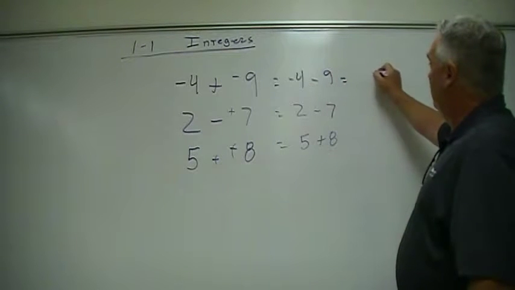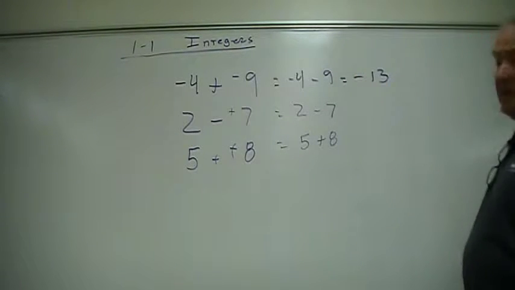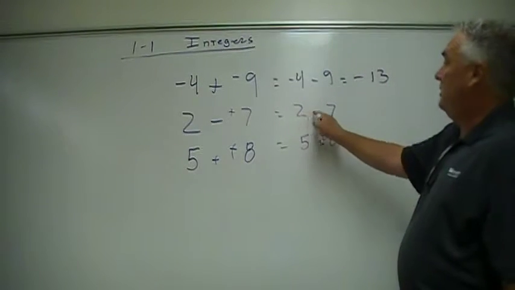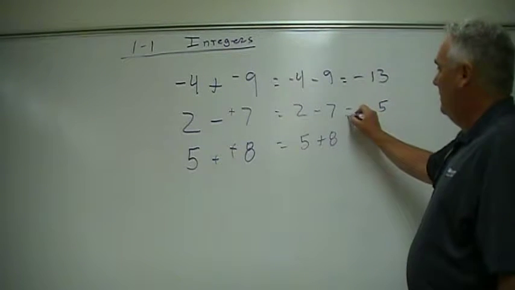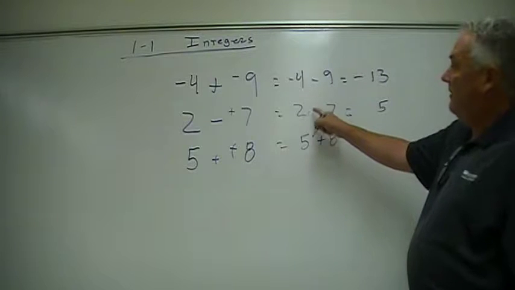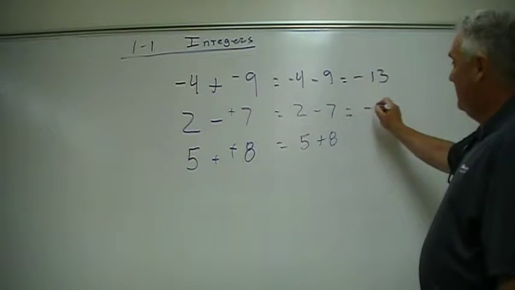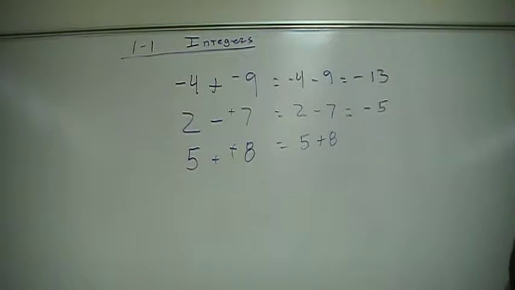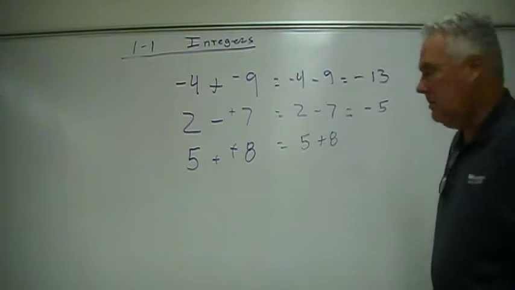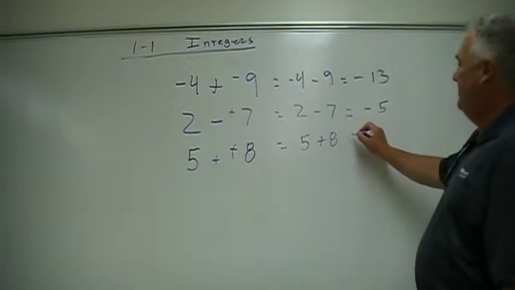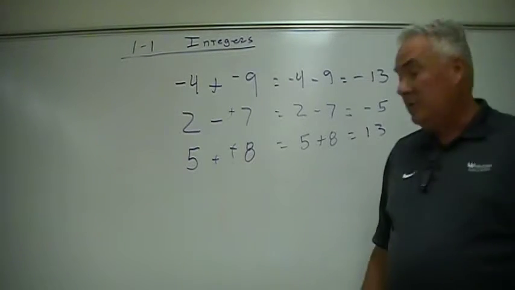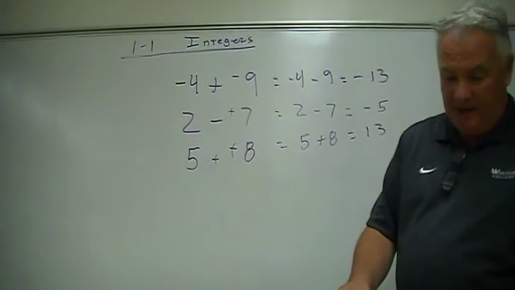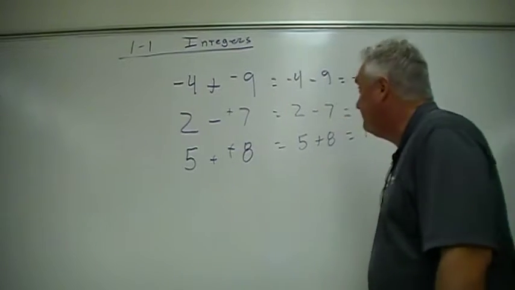Add the numerals, keep the same sign. The signs are different. Find the difference. 7 minus 2 is 5. 7 is bigger than 2, and there's a minus, so negative 5. 5 plus 8 is 13. Okay? That's your rules for adding and subtracting, and we're going to have some practice on that later.